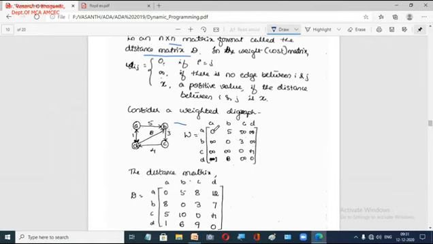First row, first column: from A to A you don't have any path, because you are already inside A. So obviously it will be 0, since W of ij is 0 if i is equal to j. Again B to B is 0, C is 0, and D is 0. That means the diagonal values will always be 0.